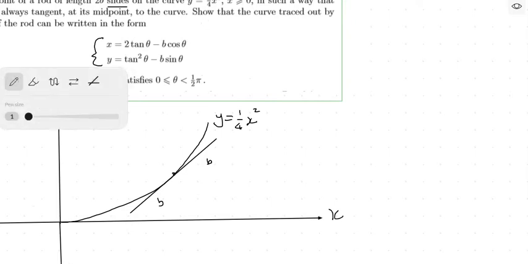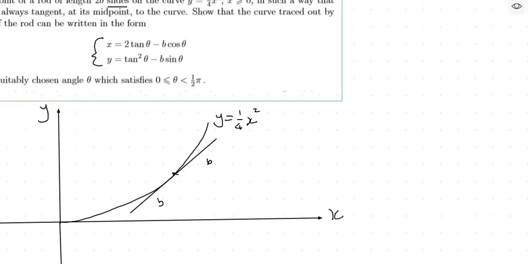So let's assume for a second that theta is going to have something to do with the angle of the rod. I think that's the safe assumption to make to begin with, because otherwise, why use theta in the first place? Why not use t or another variable? So let's assume it's going to have something to do with this.